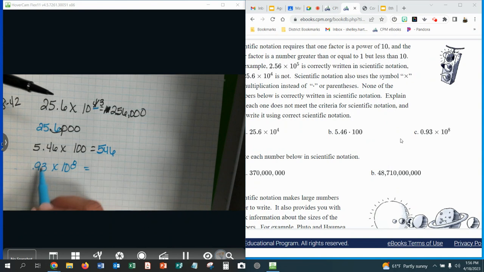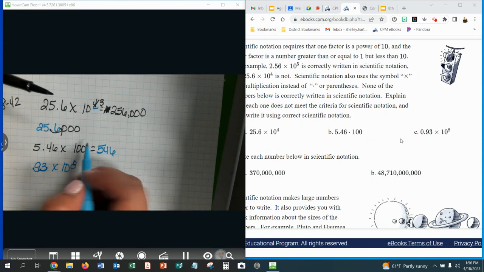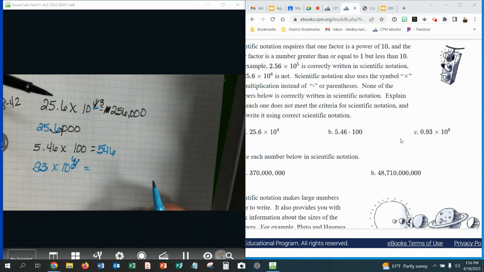Well, you're moving it 2 places, right? But since you used 2 places, now you only have 6 left. So you got 93. How many zeros are you putting on there? 1, 2, 3, 4, 5, 6. 93 million.